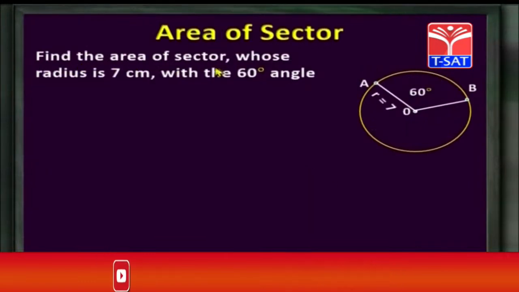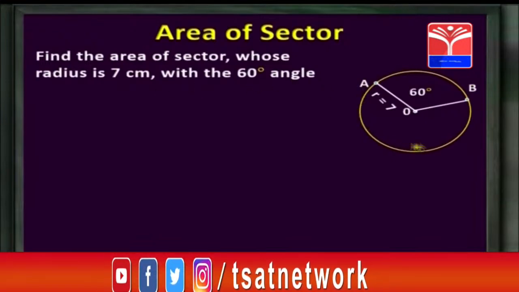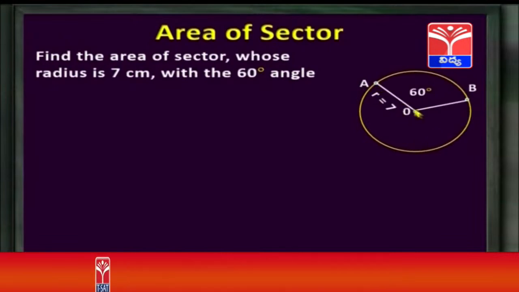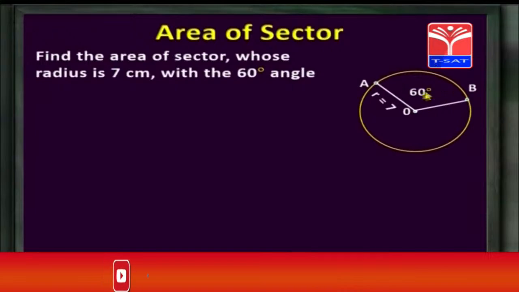Find the area of a sector whose radius is 7 with a 60-degree angle. So this is the circle, OA and OB are radii and OAB is a minor sector. Now how to find the area of this sector?